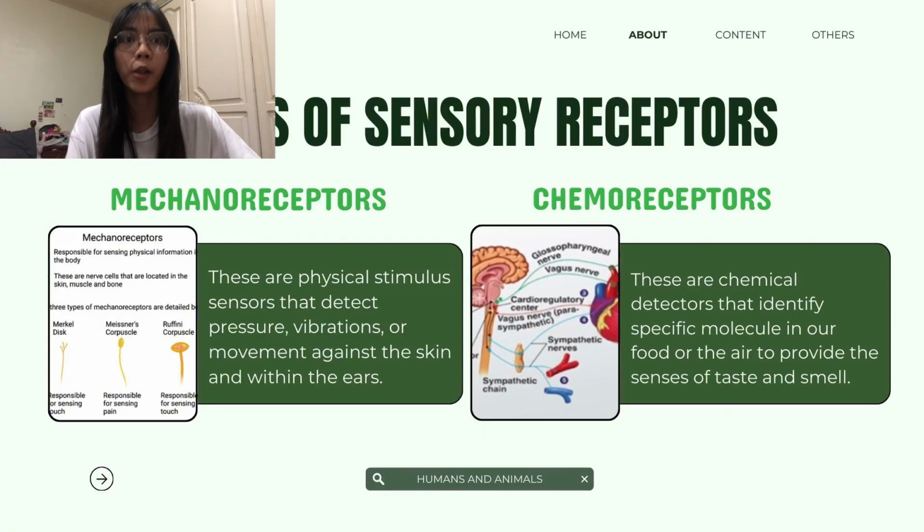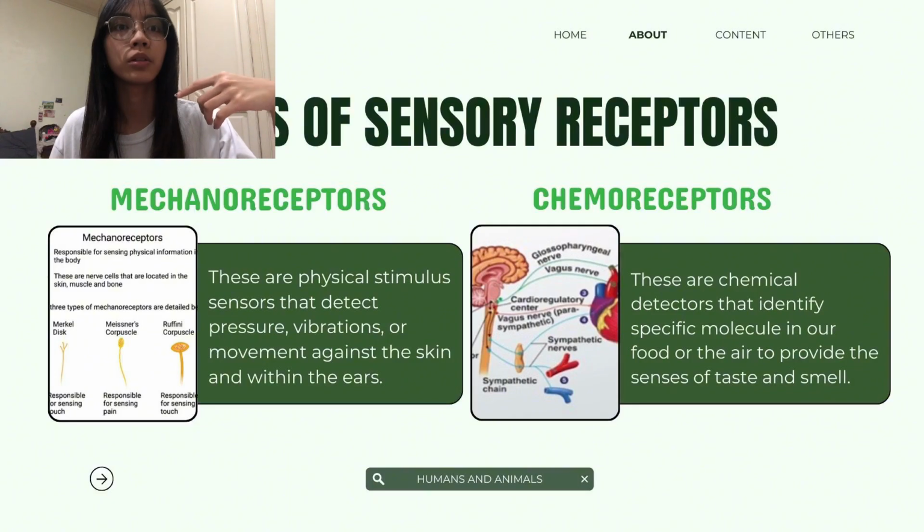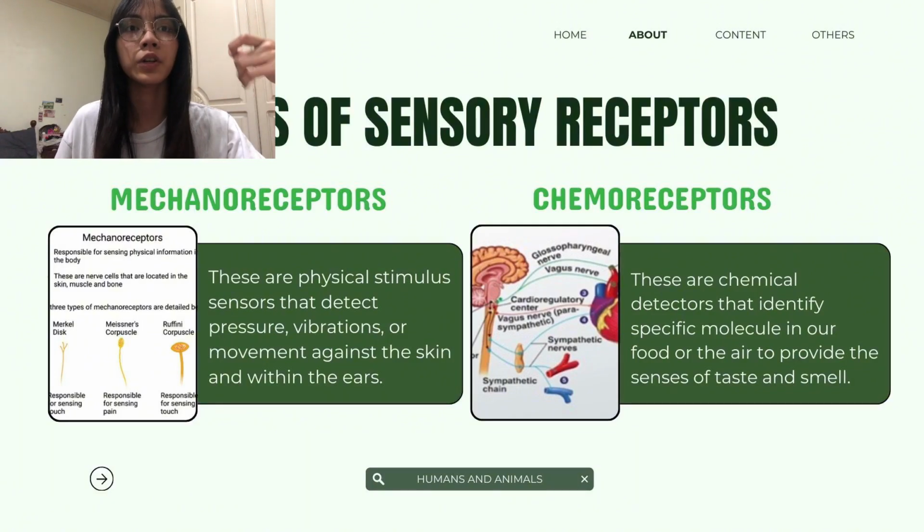So for example, when we taste or when we smell something, the chemical substances in our food interact with the receptors, for example, in our mouth. So in our tongue, we have receptors there.